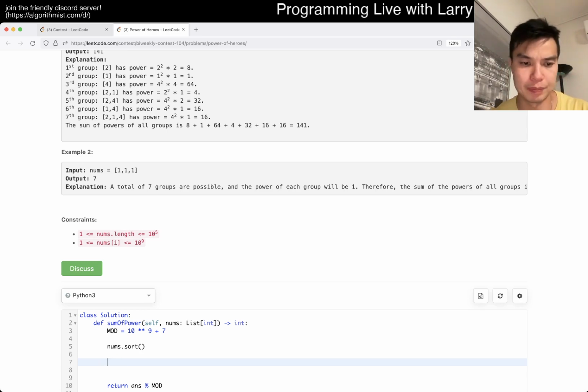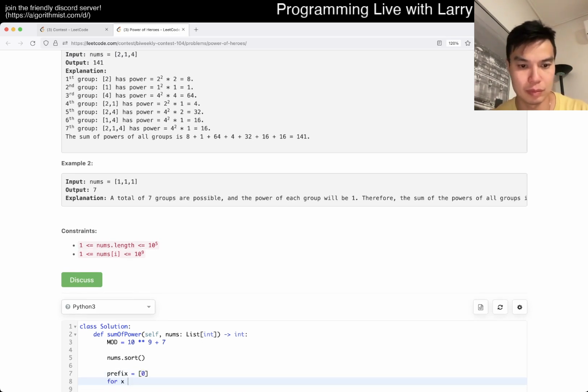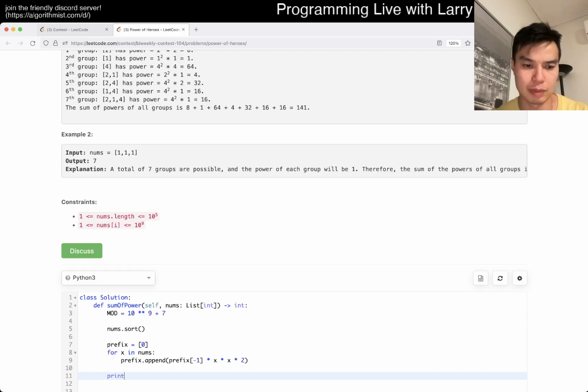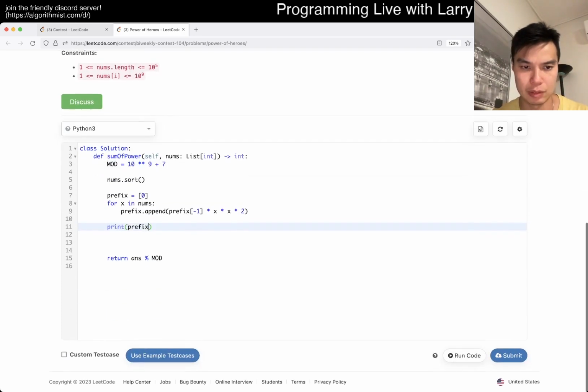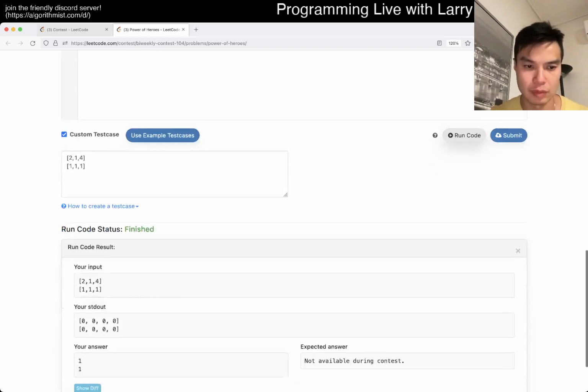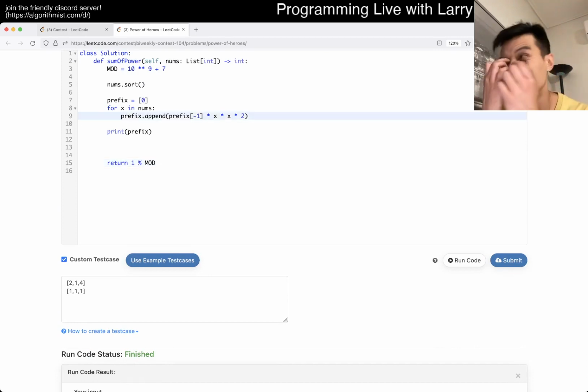Maybe? Let me play around with it. Something like this, maybe. No, that's not good. Oh, yeah, right, because I'm multiplying. But actually, what I want is not that.